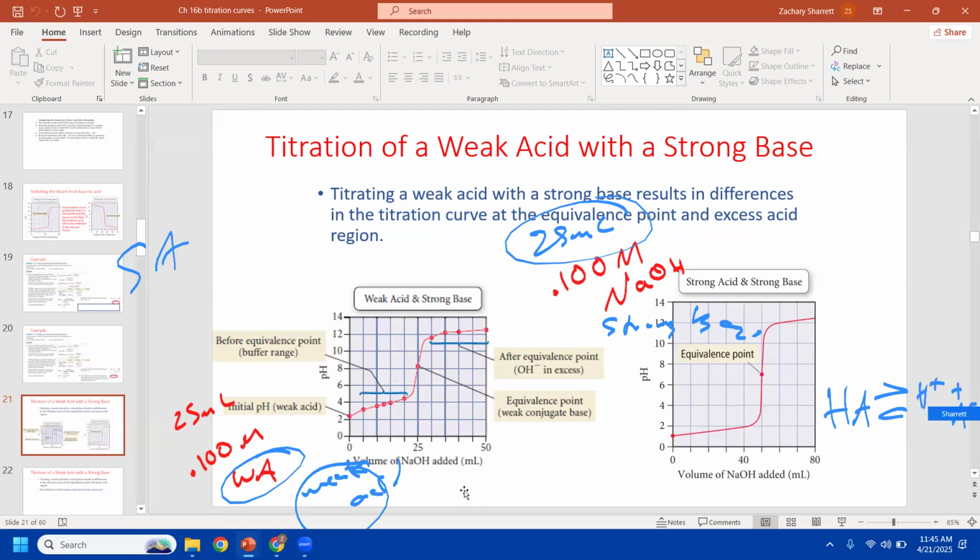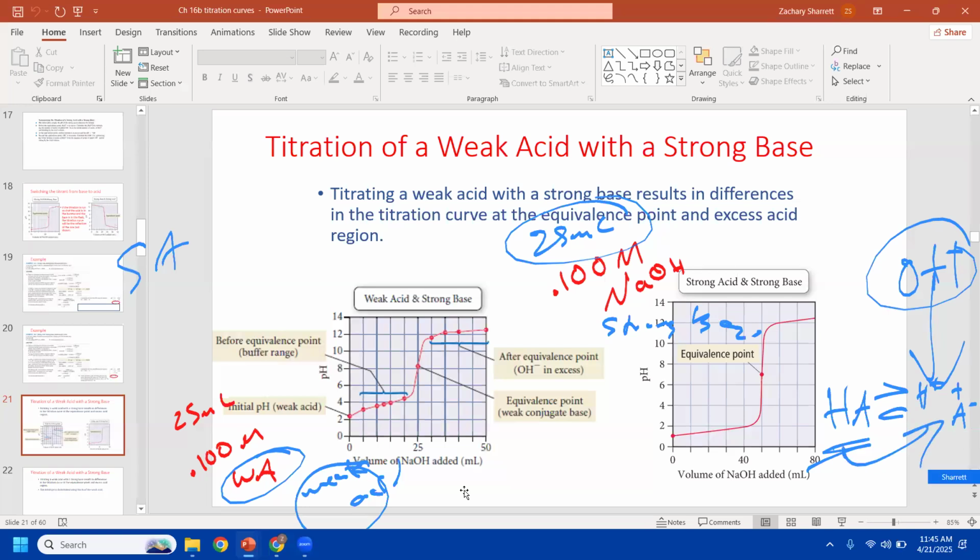Remember, the whole point is this doesn't fully dissociate. But if the OH- coming in takes away this H+, if I remove from the products, what does that mean this HA is going to do? Make more H+. So it's going to keep making more and more. So even though it's a weak acid, the total amount is going to be the same.